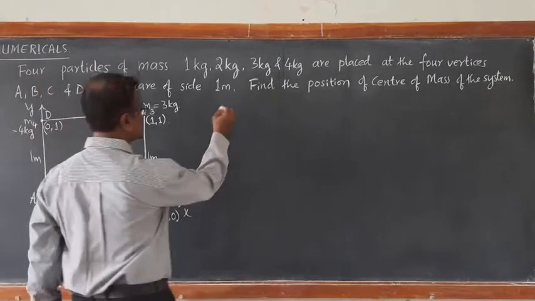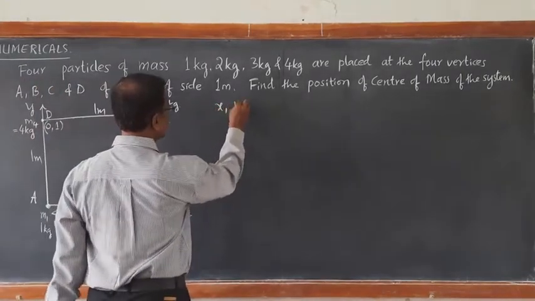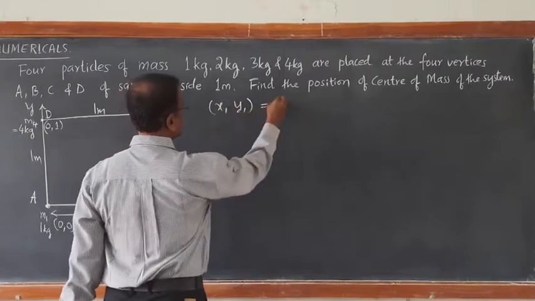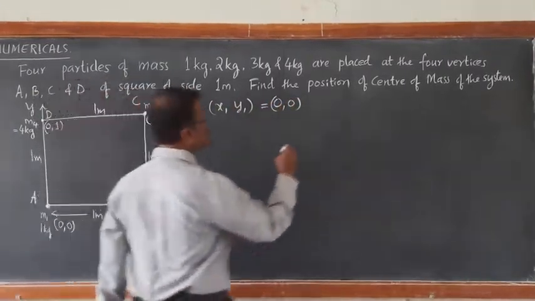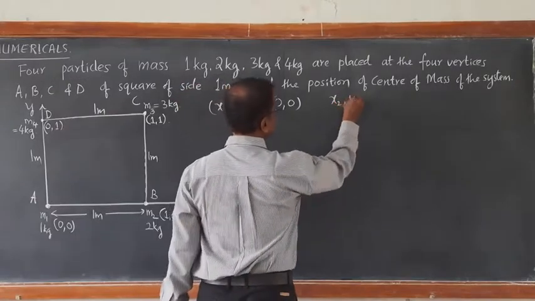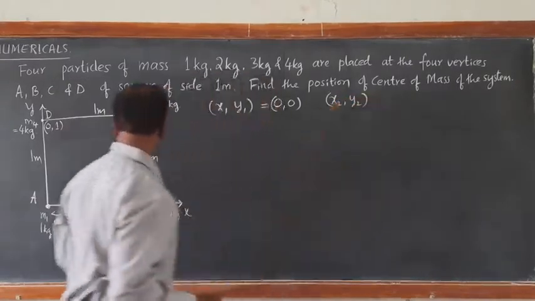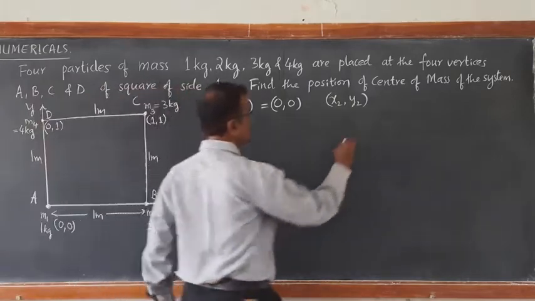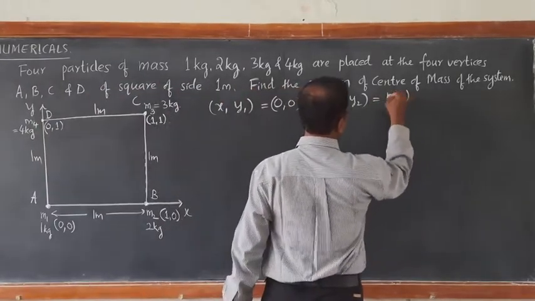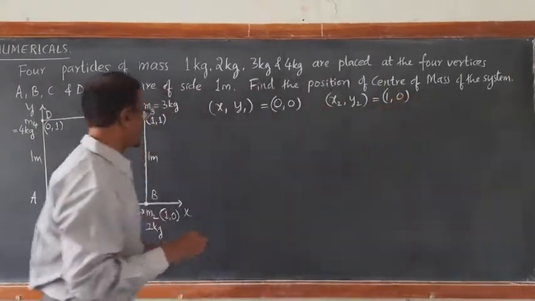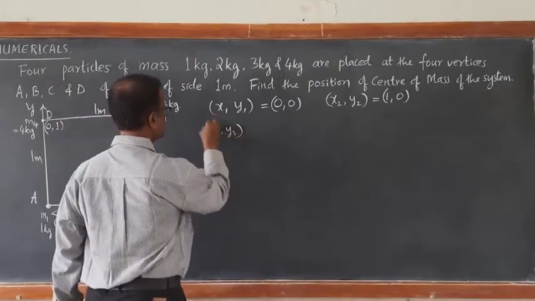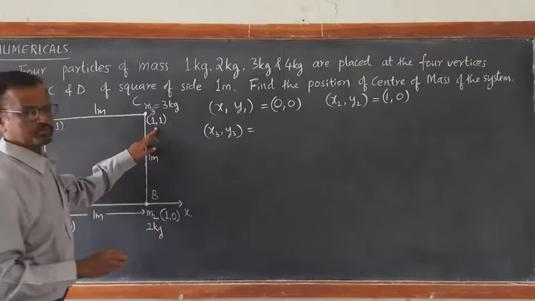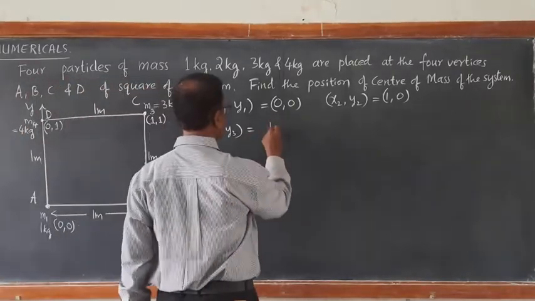So I will write first the coordinates. x1, y1, I have taken the origin, 0, 0. x2, y2 is 1, 0. First we have to identify the coordinates. x3, y3 correspond to 1, 1.